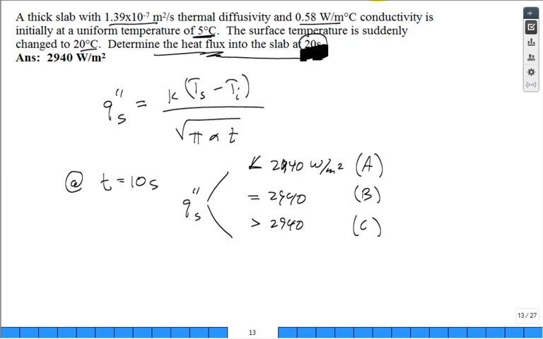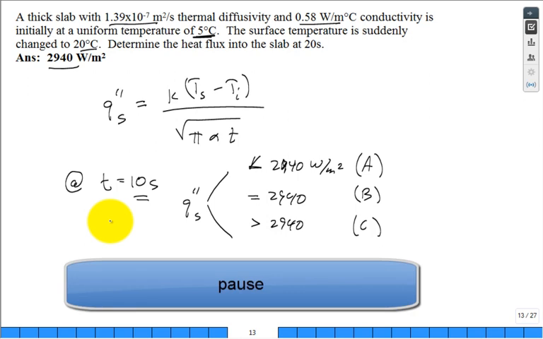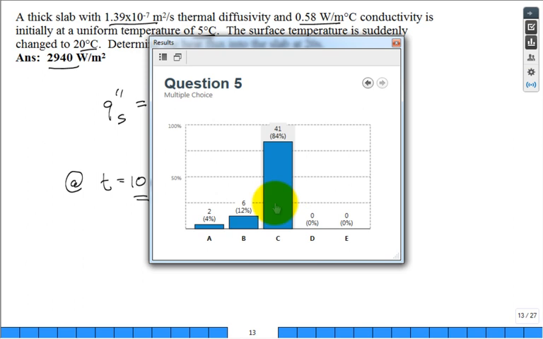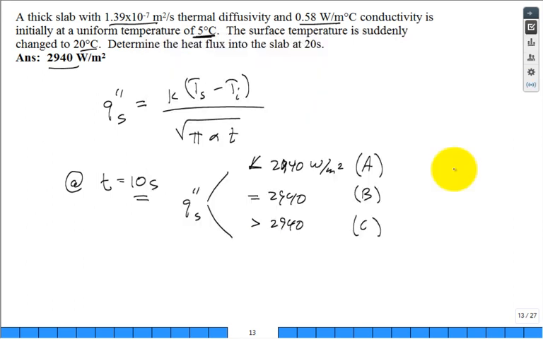I know that we just calculated it at 20 seconds. At 20 seconds, it's 2940 watts per meter squared. At 10 seconds, what is it? And you really don't need to rerun your calculator if you just think. It's conceptual. So the consensus is that it's greater than, and you could verify it on your calculator.